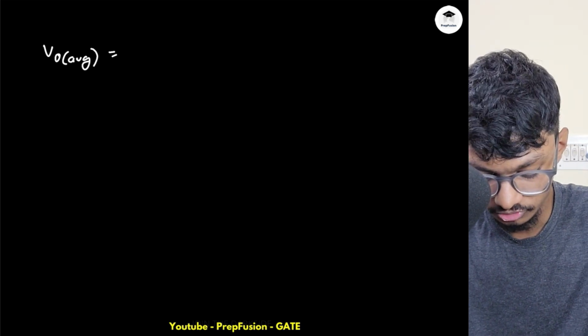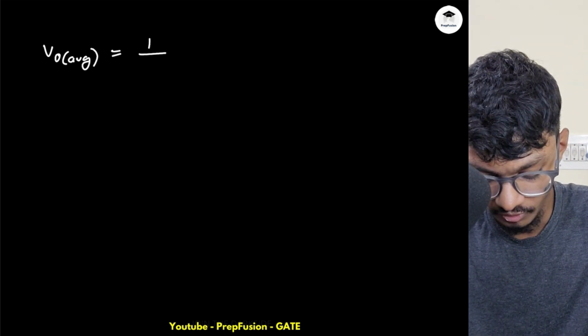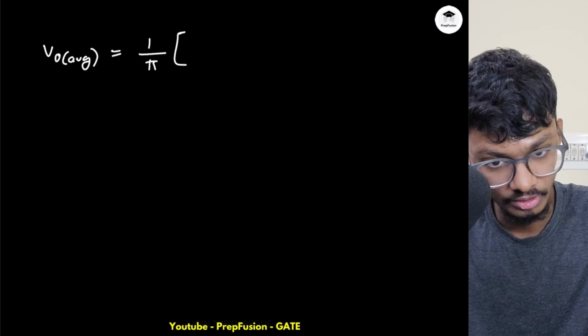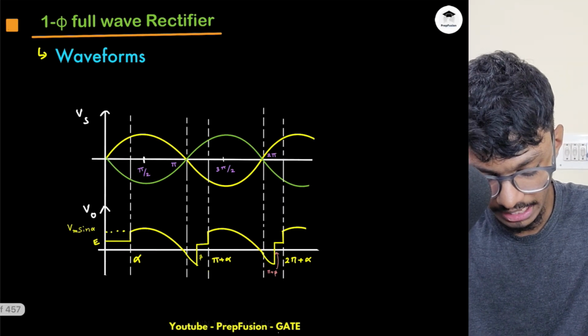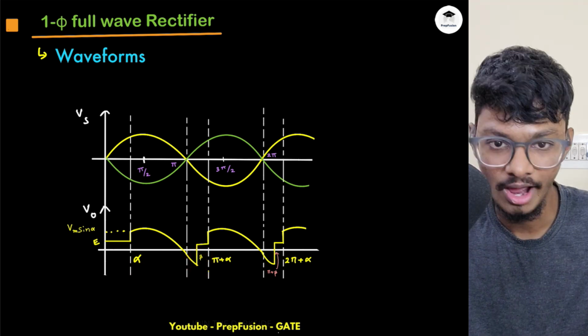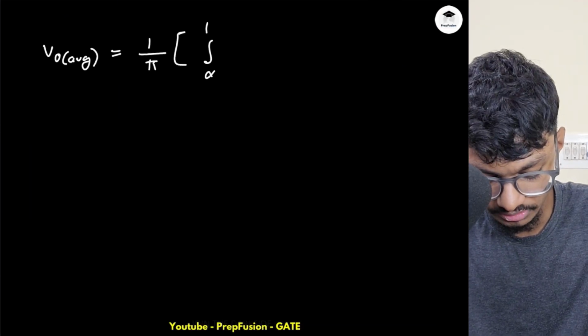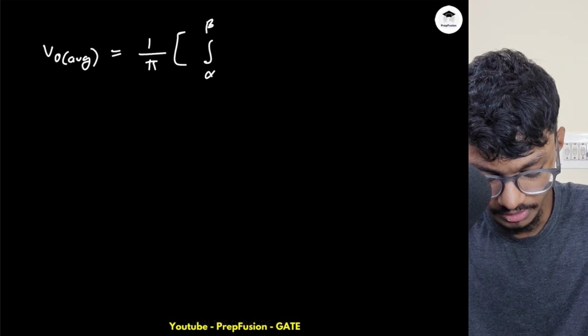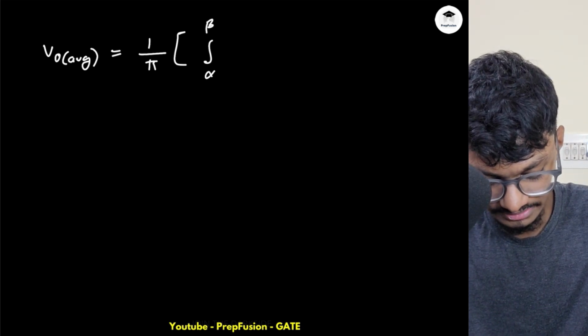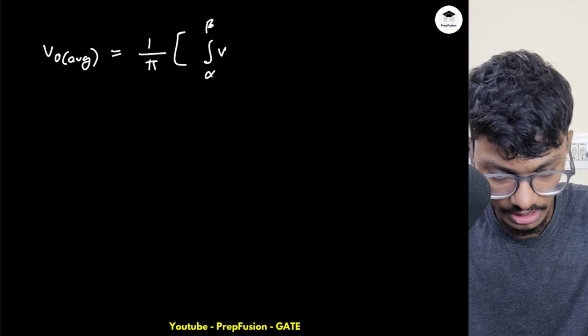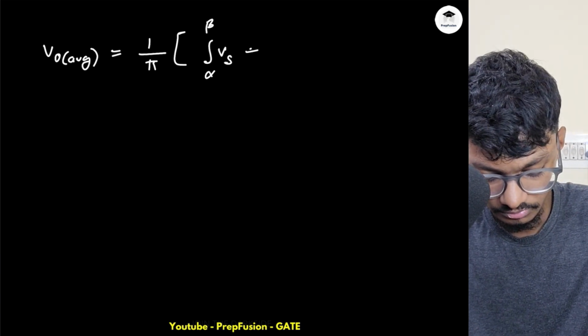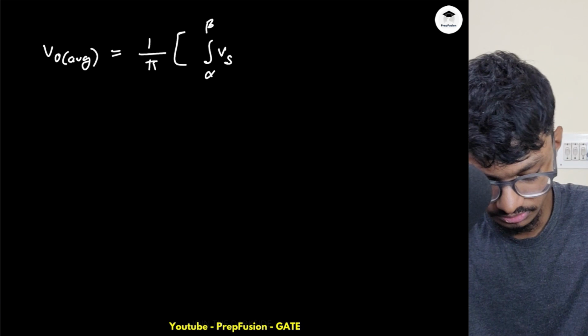How will I derive? This will be simply 1 by pi. From alpha to beta, I will totally follow the input, so it will be equal to my Vs, Vs d omega t.